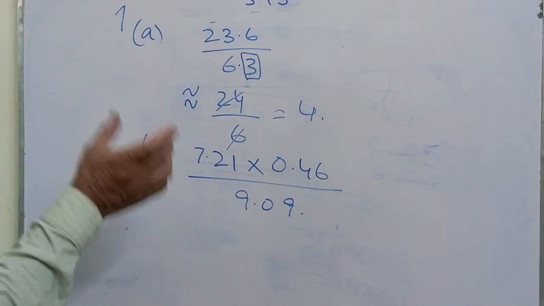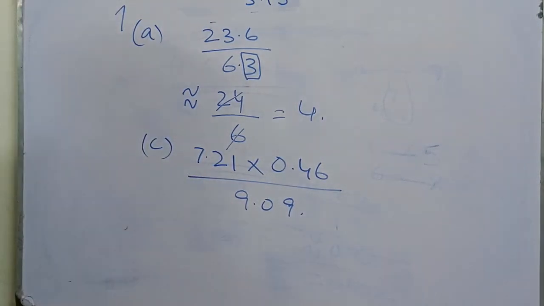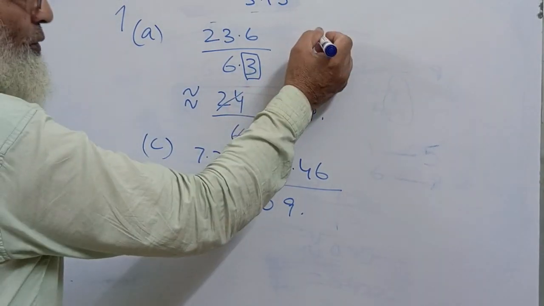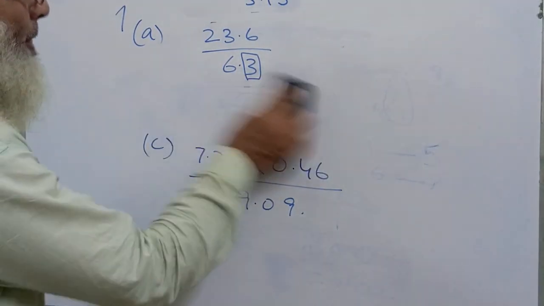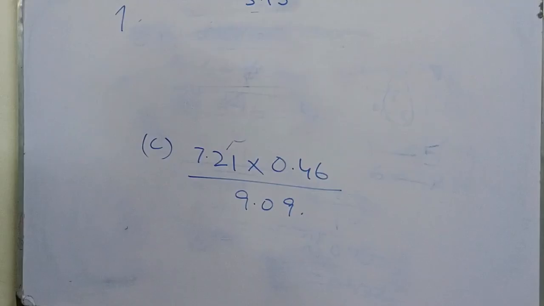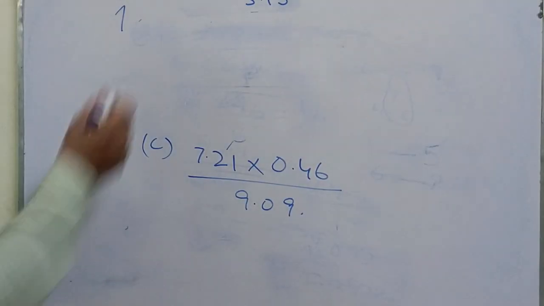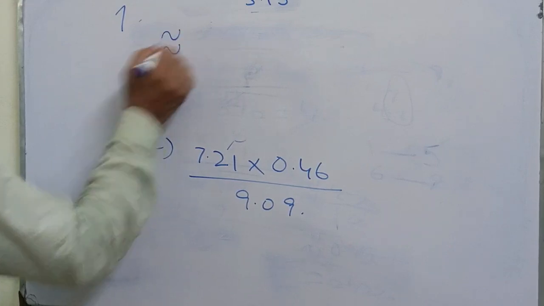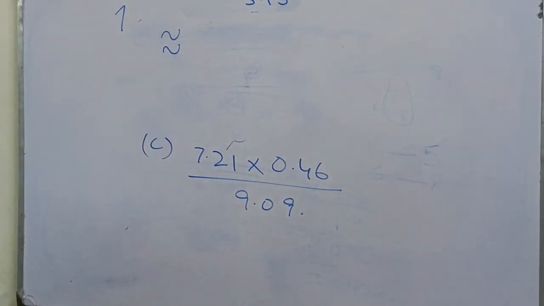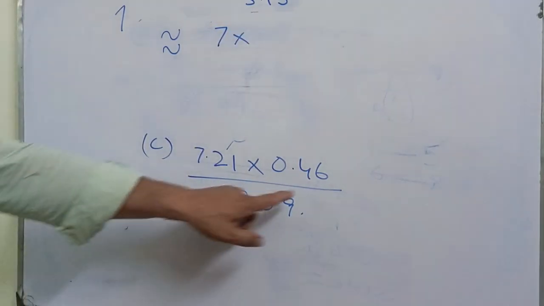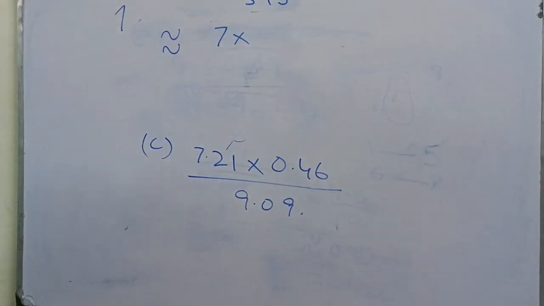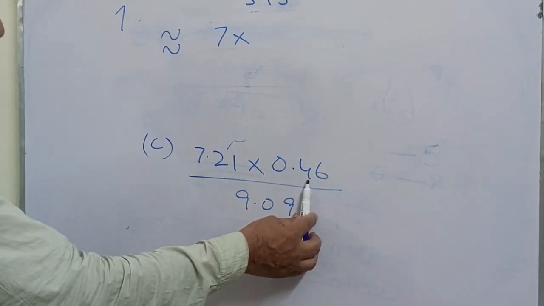Now you see that we can leave this 2 as 1 and continue with 7. Let me continue with 7 over here. Now we have estimated it to 7 multiplied by, now you see that you can write it. Now this is 6.06.